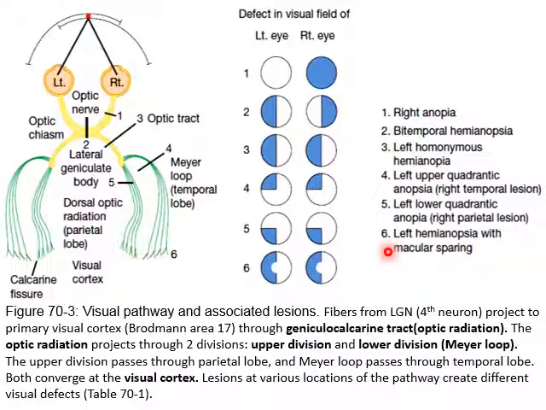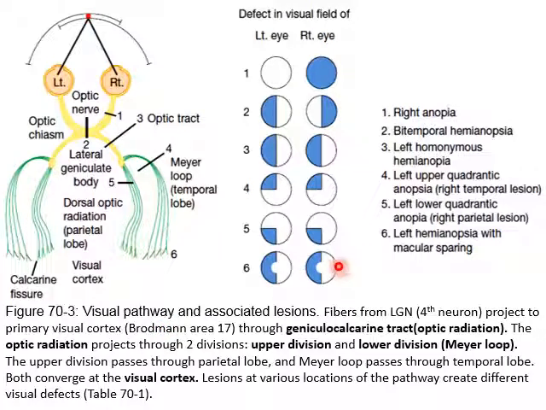which is perceived by the macula of the eye, is spared because it is bilaterally represented. You will learn later in physiology that there are fibers running from the visual cortex of one side to the visual cortex of the other side. So what is seen in the center is also seen on the opposite side in the center. This correlation between the two visual cortices happens through the splenium of the corpus callosum, which you will learn later on.